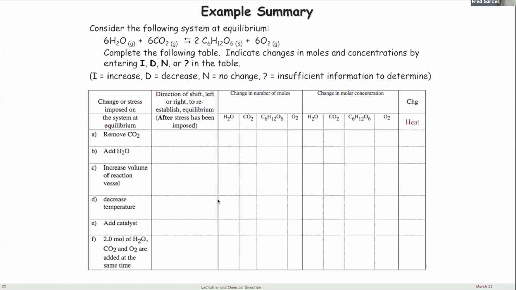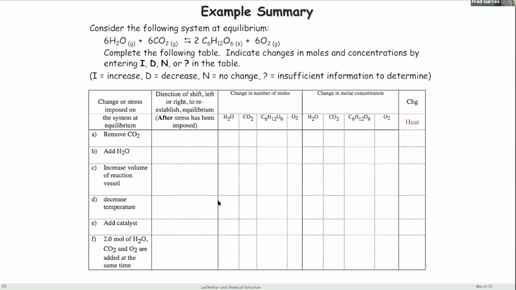So we can say left or right, or RSR, reaction shifts to the right, RSL, reaction shifts to the left. I'll explain this reaction and you guys can try it, and then I'll post the answer probably in the next meeting.